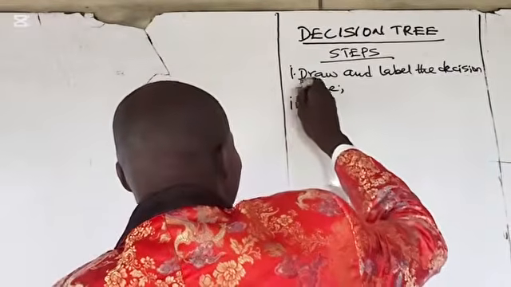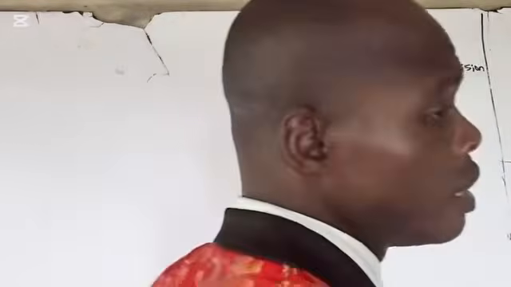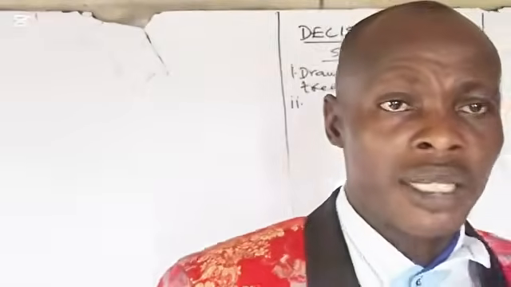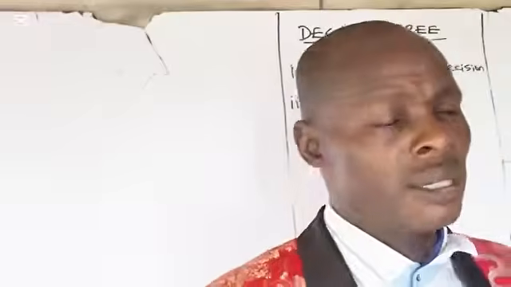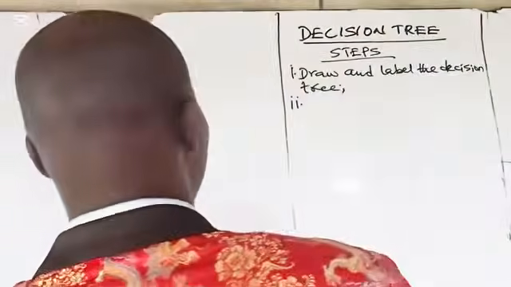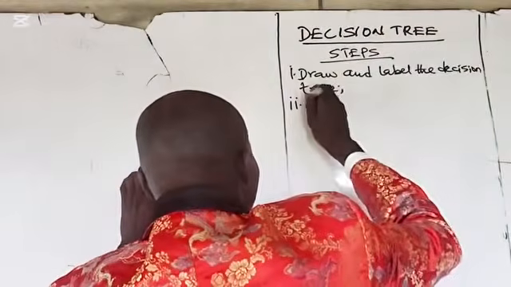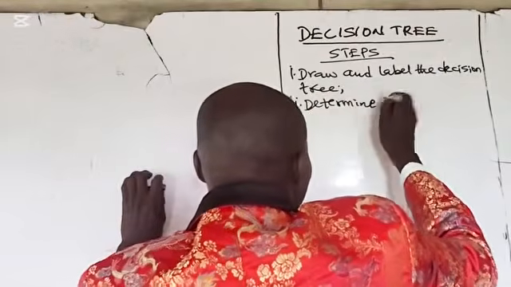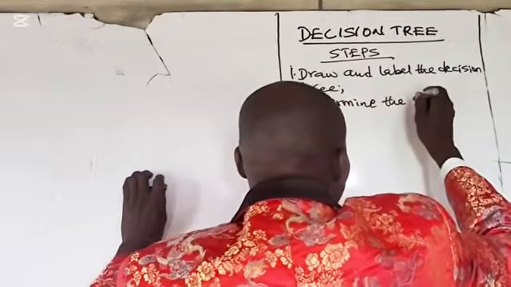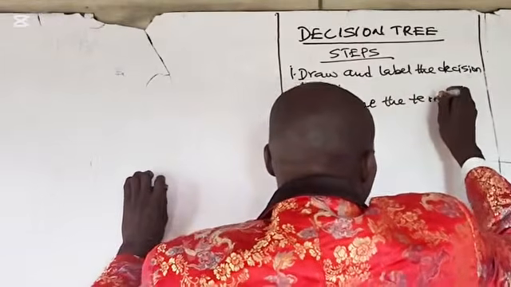Then in a decision tree, there are two paths. We have the forward path and the backward path. So step 2 is to determine the terminal values.